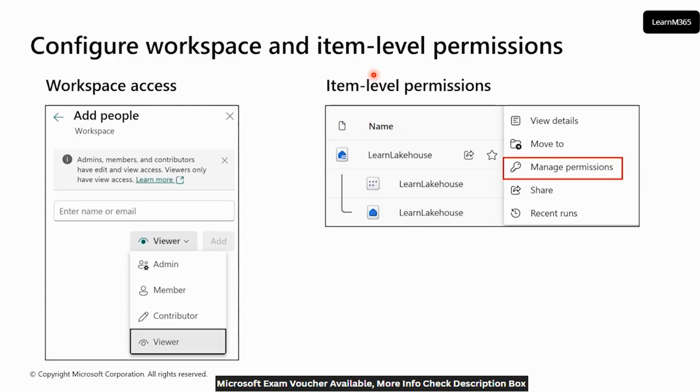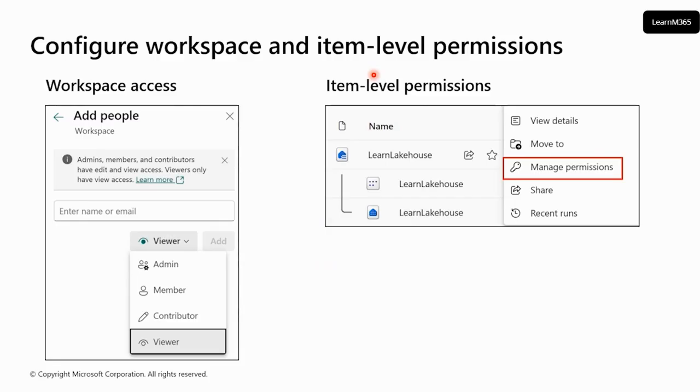There are some additional permissions. Additional permissions include read all SQL endpoint data, read all Apache Spark, build reports. These are some additional permissions. So if you do not select any of the checkboxes under additional permissions, the users will have read access to the lakehouse metadata. The user won't have access to the underlying data in the lakehouse in those cases.